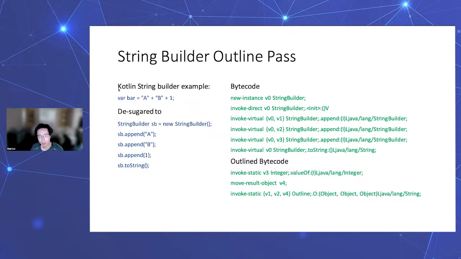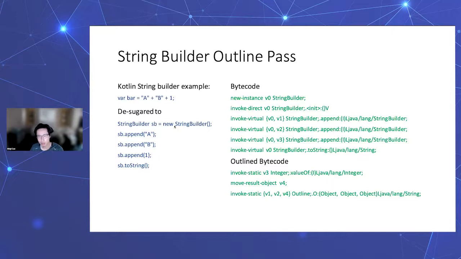For example, in the Kotlin language, you can write just one line to do the string concatenation. It's very handy. And the compiler actually desugars it to 1, 2, 3, 4, 5 lines using a string builder to build up this string.